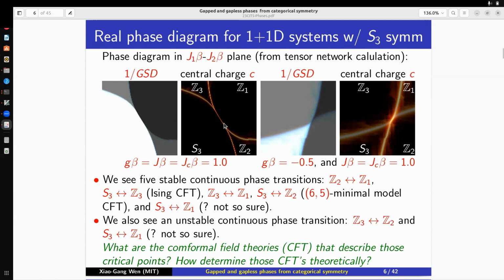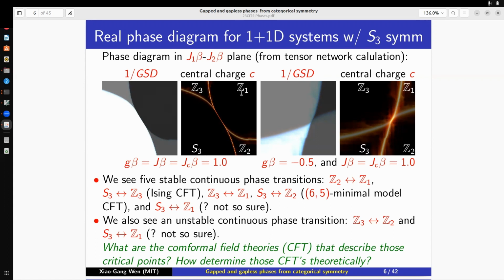The fact that we have this line means it looks like a continuous transition. On the other hand, this line is very sharp. We don't see the crossover region. It looks like a first order transition. So we are flip-flopping on whether it is first order or continuous, and one needs an even better calculation for this S3 to Z1 transition.